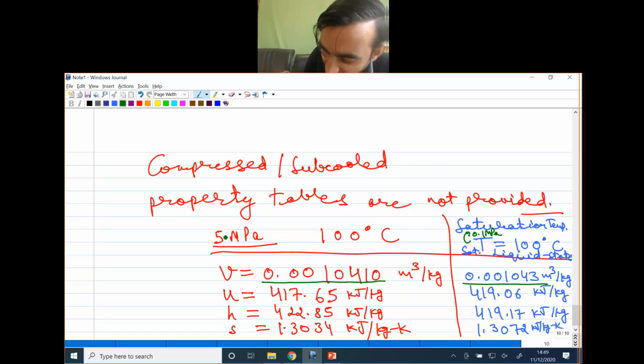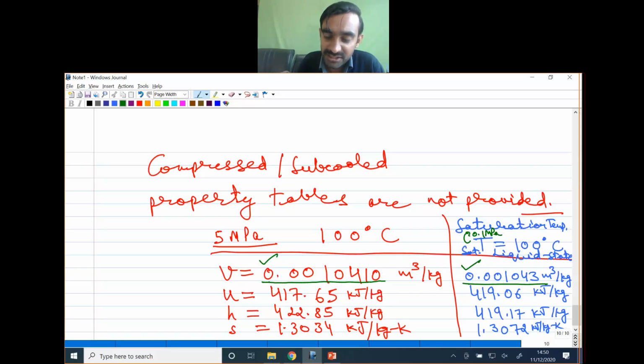In the compressed state our pressure is now equal to 5 megapascals. Though our pressure has increased from 0.1 megapascals to 5 megapascals, the specific volume has almost remained the same in both situations. So even upon a very high increase of pressure, specific volume is almost the same.